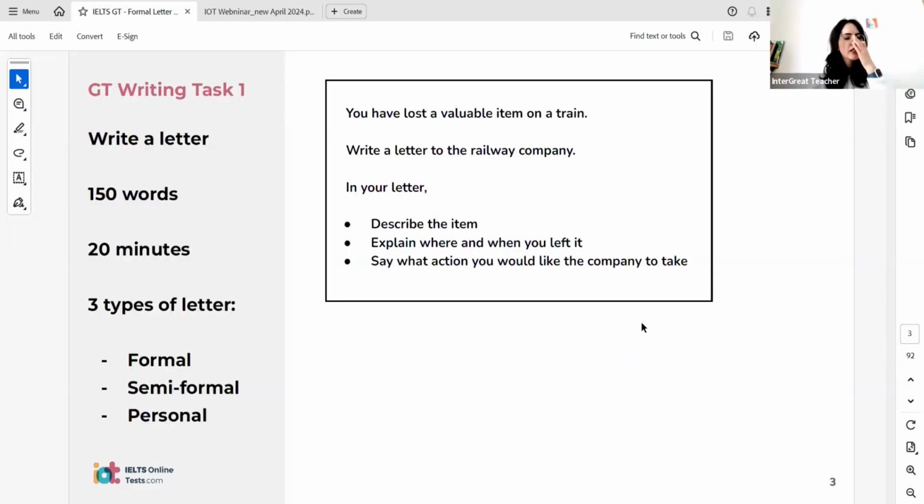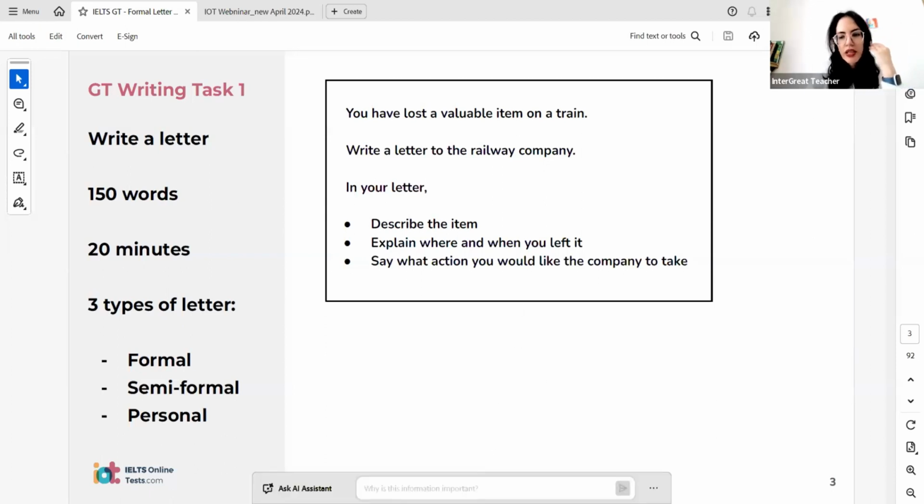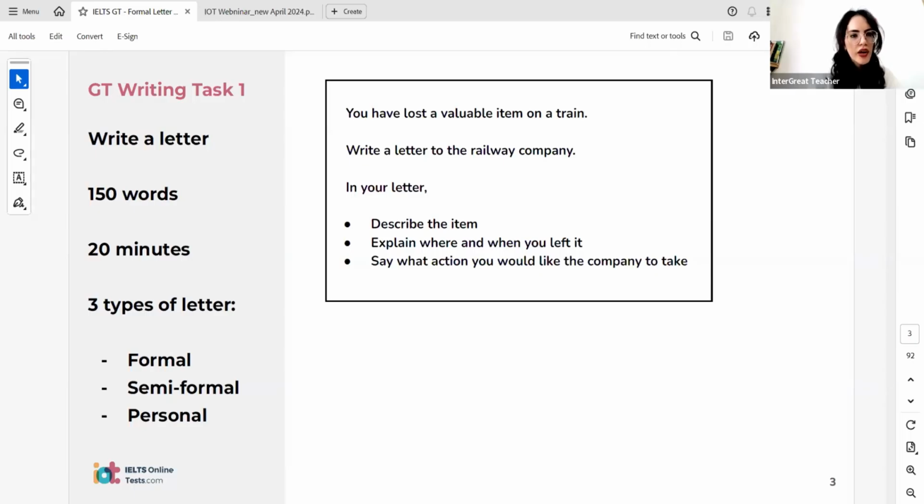first of all, tell me, is this a formal or a semi-formal letter or informal letter? I think it goes without saying, but it's worth asking. Why do you say that it is formal? How do you know? How do you distinguish that it is a formal letter? Some people are saying semi-formal.